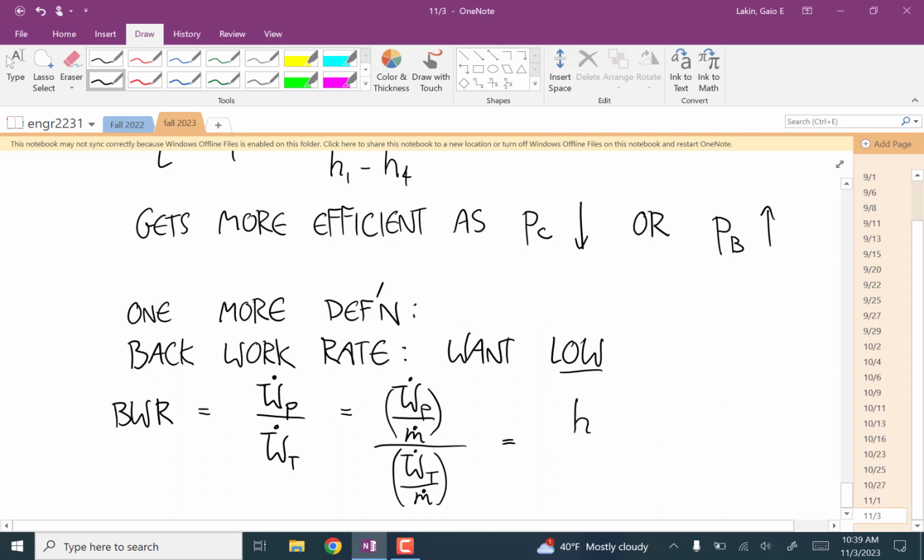And this is equal to the enthalpy at state 4 minus H3 divided by H1 minus H2. Any questions about that?